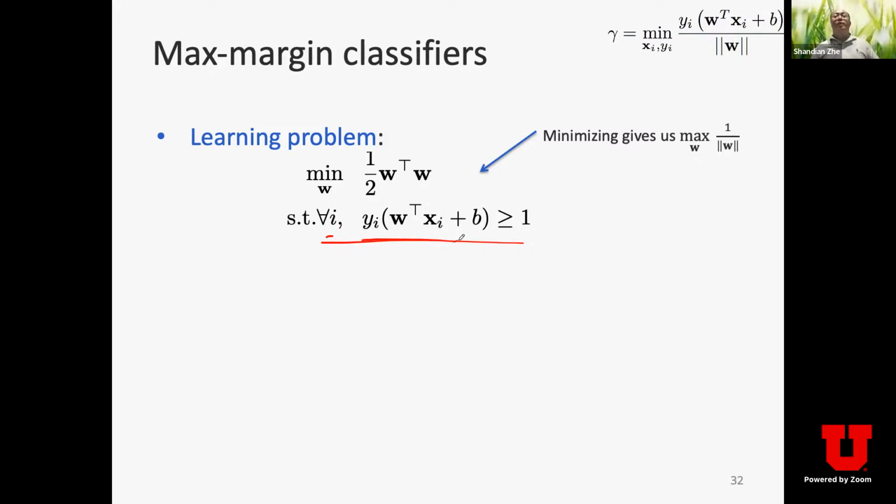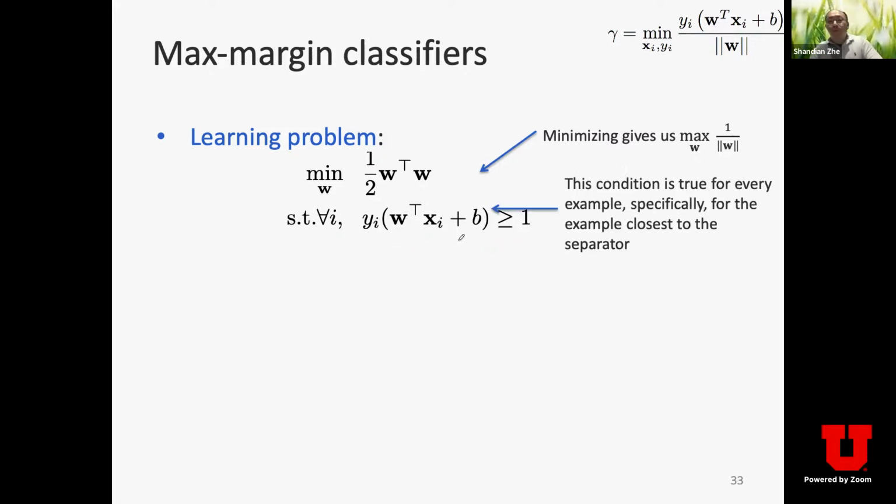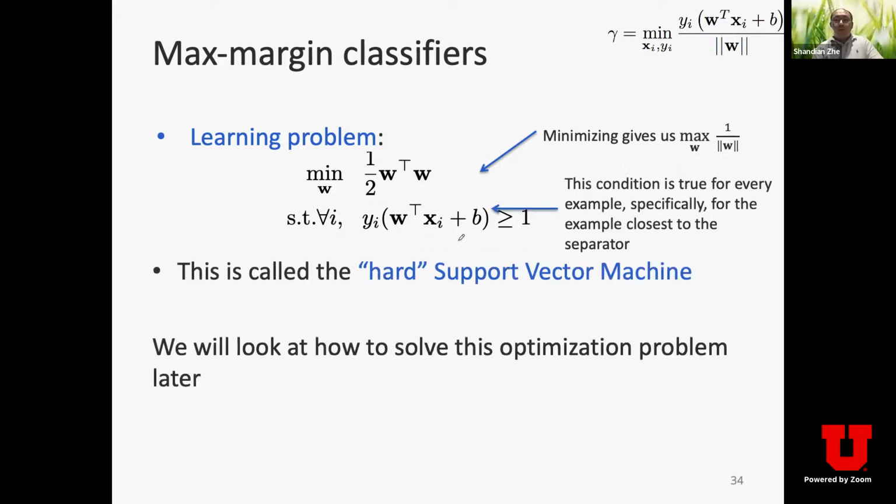That means the minimum function margin will be 1. So now we have composed our first learning objective function for the SVM, which is called hard SVM. I will look at how to solve this optimization later, but before we go on, any questions so far?